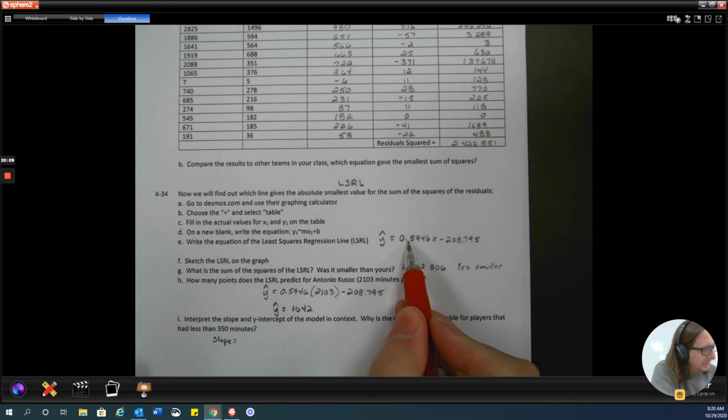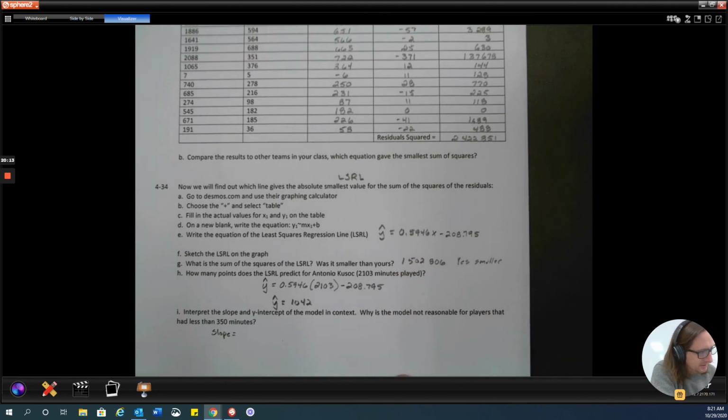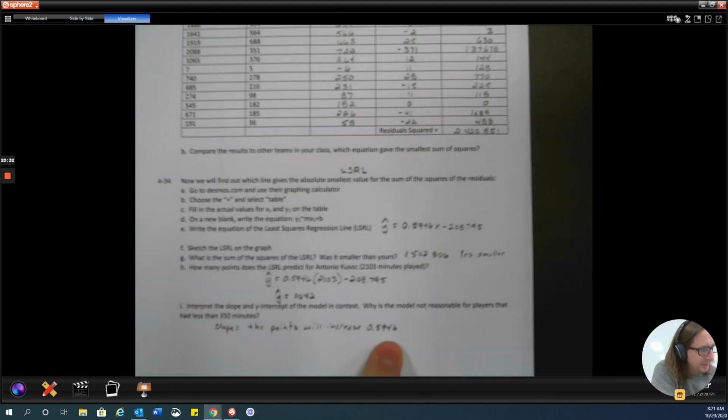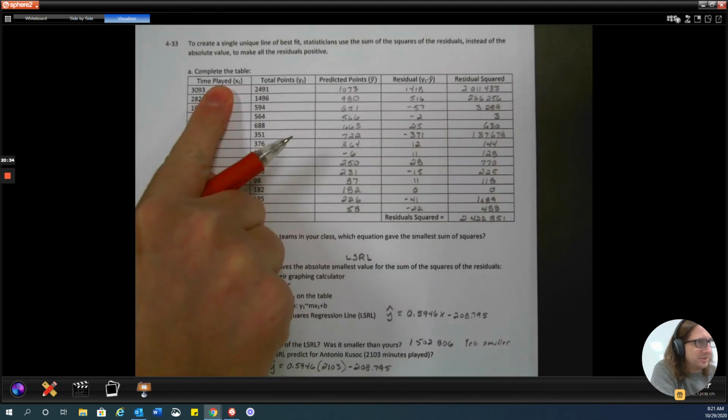My points will increase by 0.5946 points for every x, which is time played. So for every minute played.